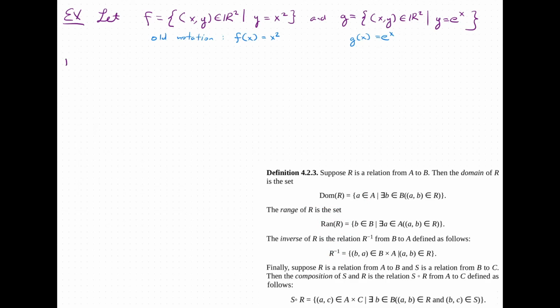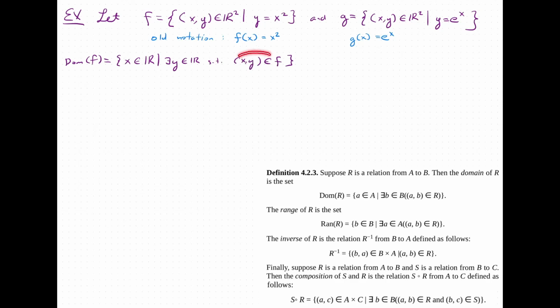So we're looking now at the domain of f. And so what is the domain of f? Well, by definition, this is the collection of x in the real numbers such that there is some y in the real numbers such that (x, y) is in f.